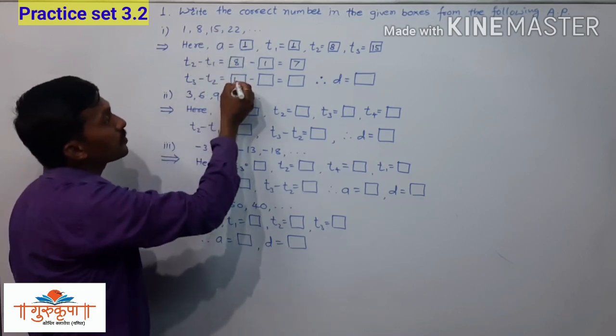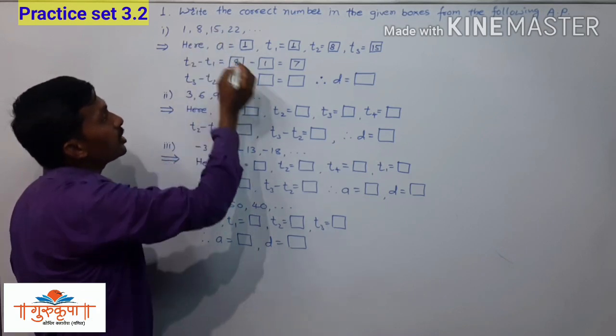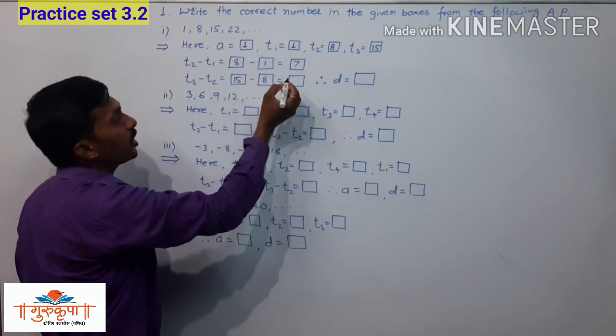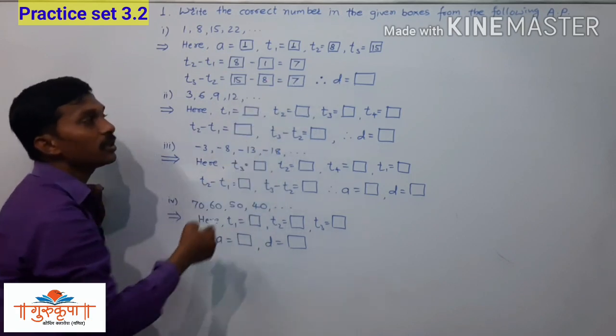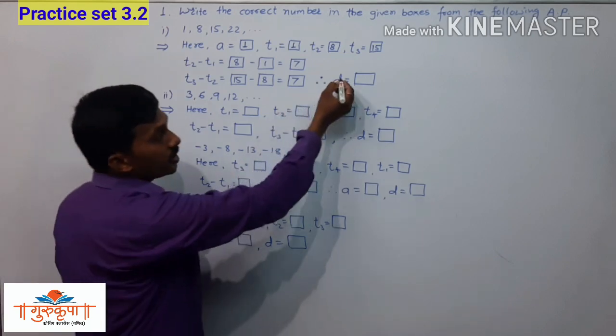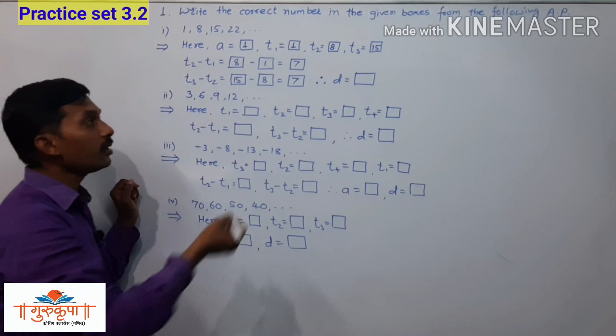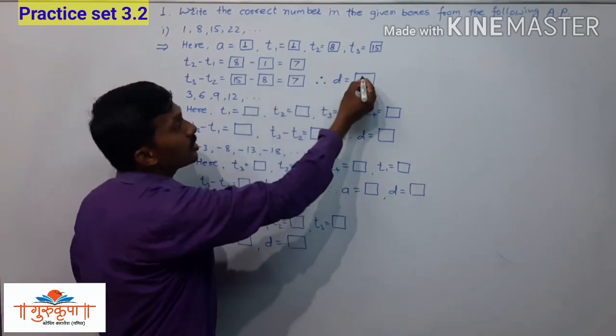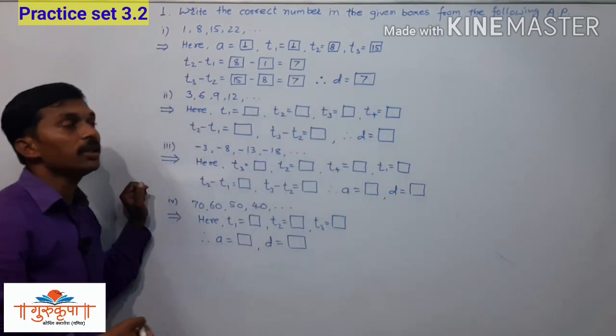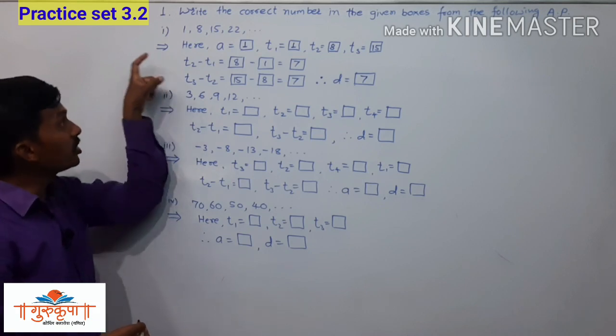T3 is 15 minus T2 is 8, and this is 15 minus 8, which is 7 again. Therefore D, the common difference of that AP, is 7, so we write 7 into the box. So this is the first example.